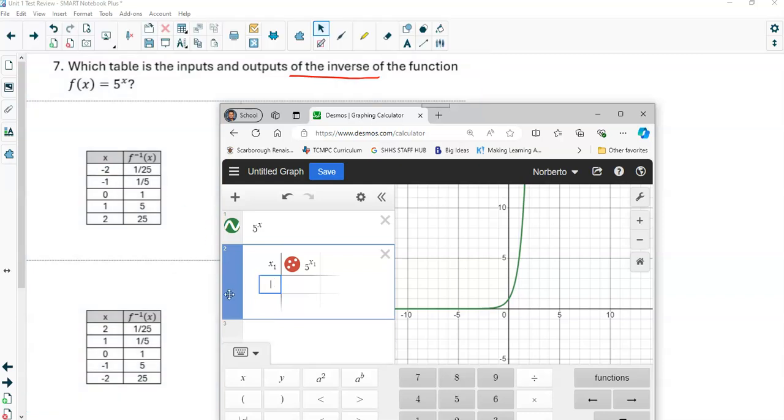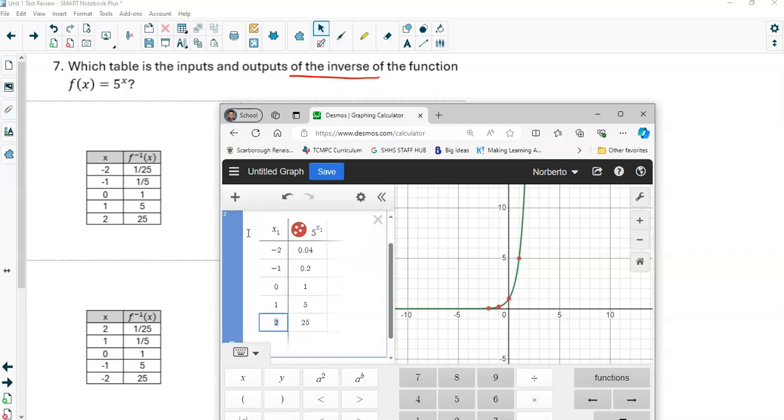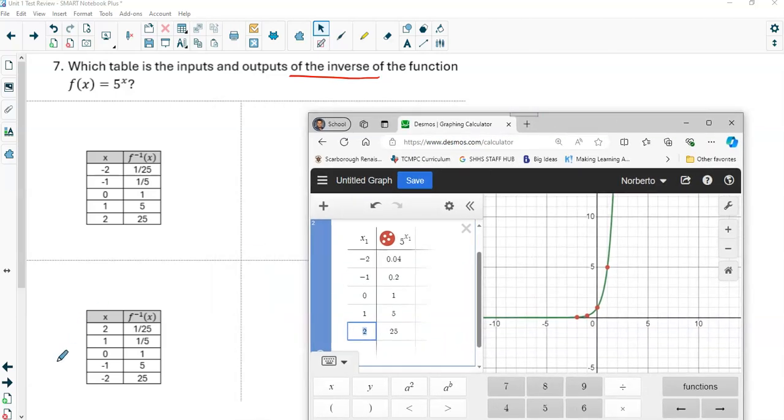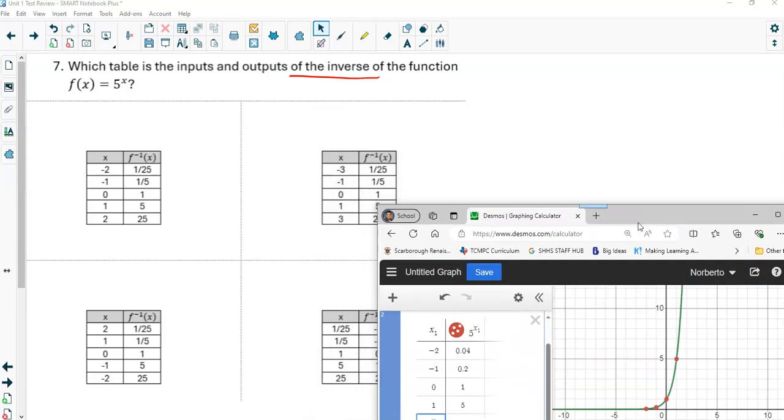And now I'm going to use these numbers: -2, -1, 0, 1, 2. There you go. Once I create the table, what I want to do is write it down. So it's the x and y, right?